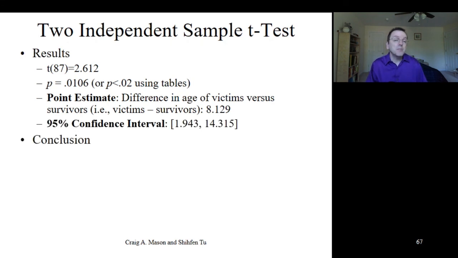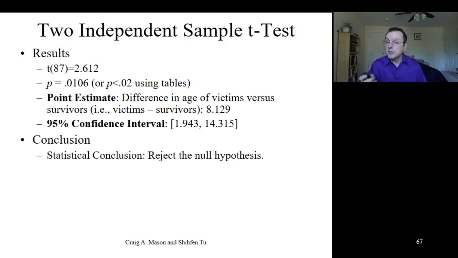Our conclusion? Well, our statistical conclusion is that we would reject the null hypothesis. Our p-value of 0.016 is less than the alpha level of 0.05. That tells us to reject the null. And notice the confidence interval does not overlap 0.